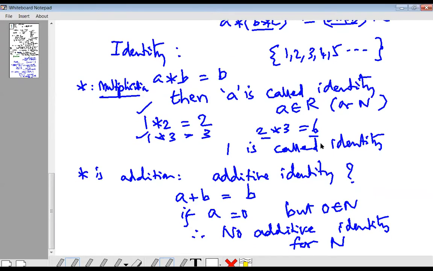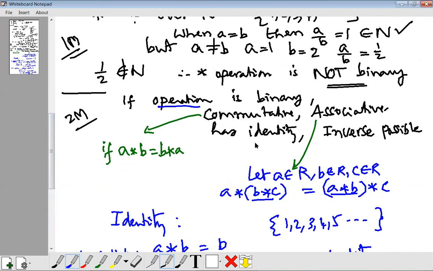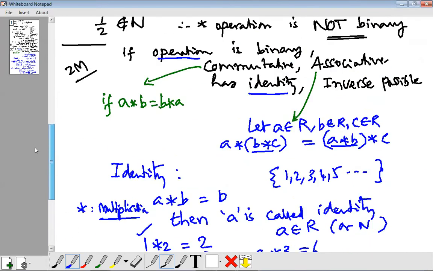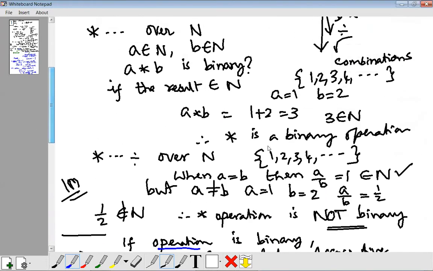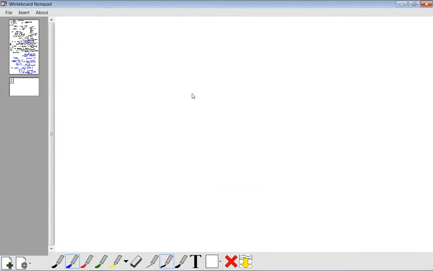Got it, right? We will be seeing those examples further as we go forward. So that is about commutative, associative, and has identity. The last one is inverse. You have to see that the important thing in all this is that the set is also important. So what is the next one? Next one is inverse.